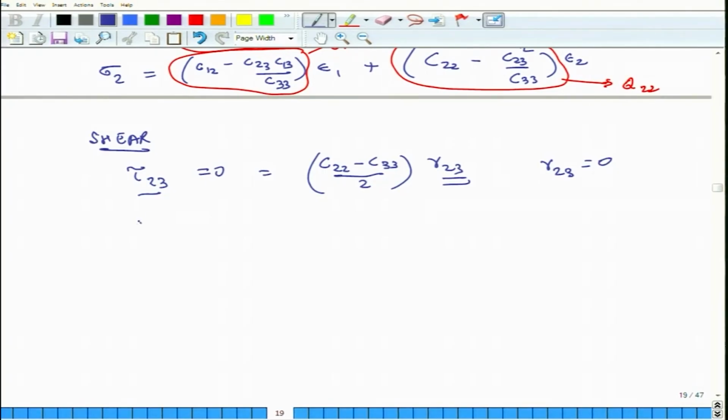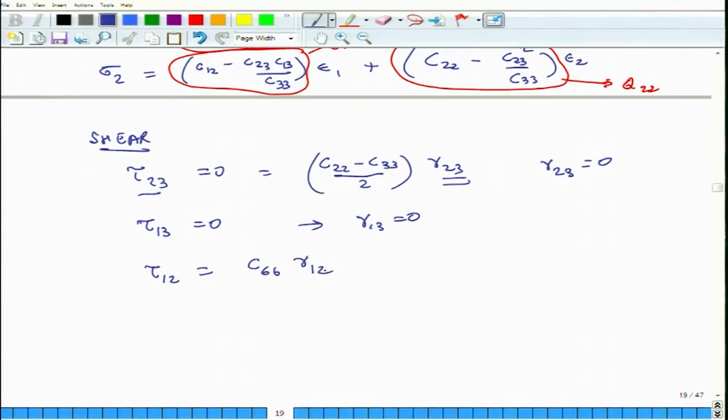Similarly, tau 1 3 is 0, and that implies gamma 1 3 equals 0. And lastly, tau 1 2 is equal to C66 gamma 1 2.